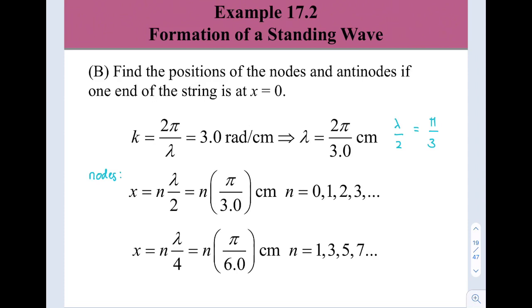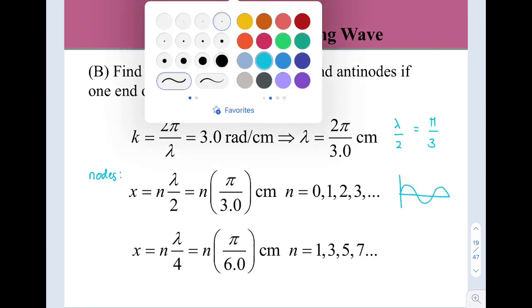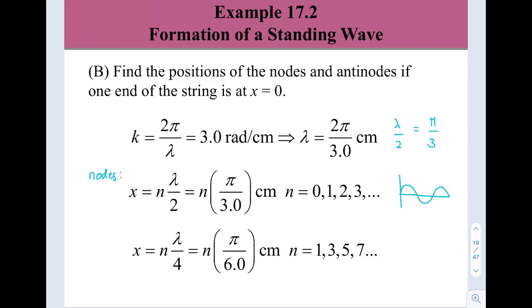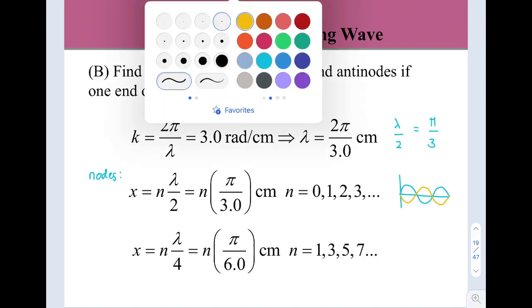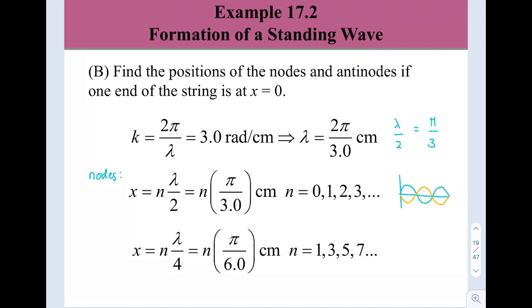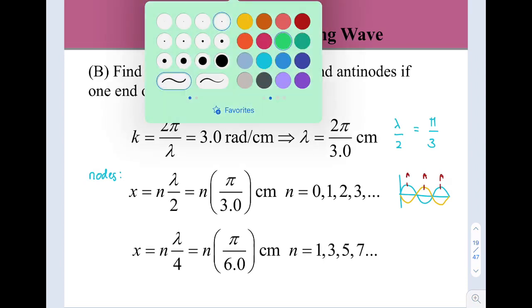Why is it so? Because here is an antinode, here is the node.